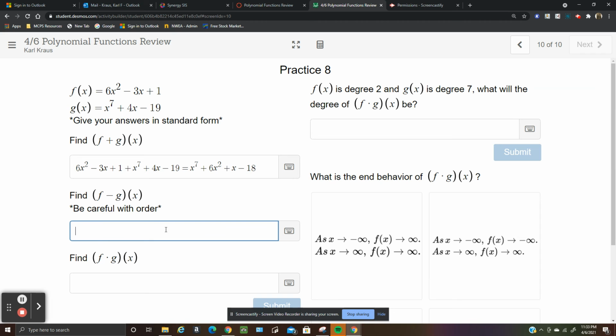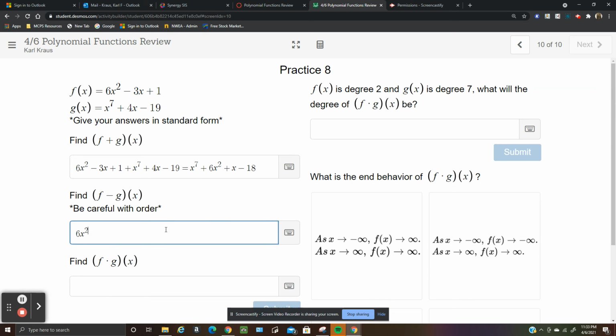And then the next one, the f of x function, and then subtract the g of x function. So that's why the order is important in subtraction here. So this should be a minus, and this should be a plus.